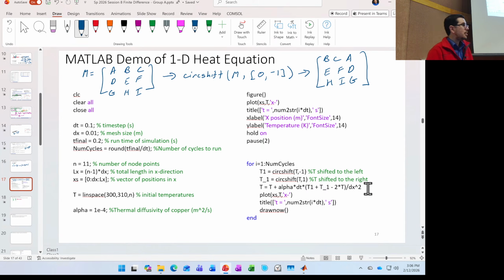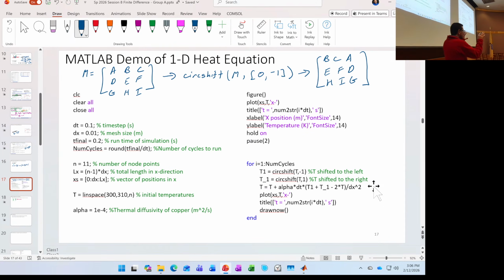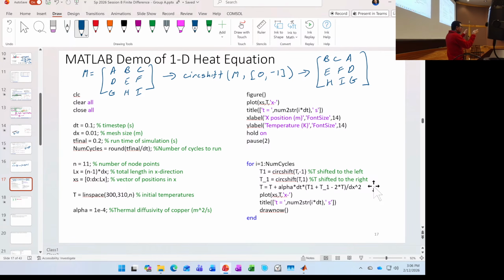second difference right here in this line, okay? And what you can do is you can take two matrices or two arrays and subtract them from each other, and you've now calculated the finite differences at each of those locations, right?